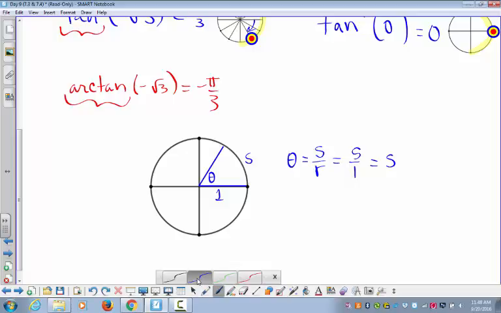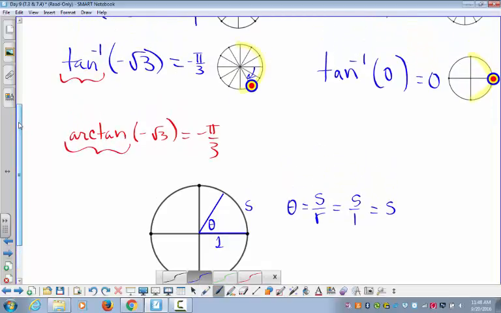So you could interpret this as: find the arc on the right that has a tangent value of negative root 3. Find the arc on the right instead of the angle on the right. So it works, but we don't use this very often anymore. But if you see it, it just means the same thing.